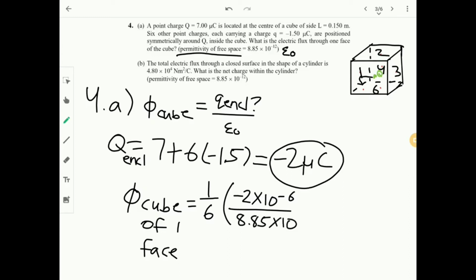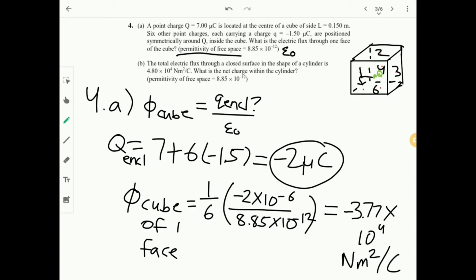Divided by 8.85 times 10 to the power of minus 12. And we should get, let's see, minus 3.77 times 10 to the 4. Now what's the unit of flux? It's very long, Newton meter squared per coulomb. And you guys can check. I'll give you a few seconds.